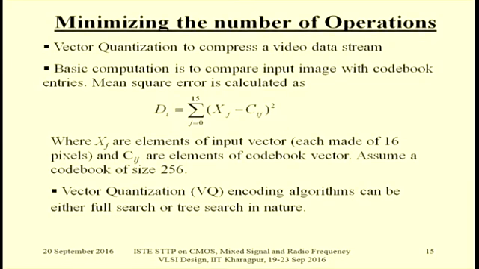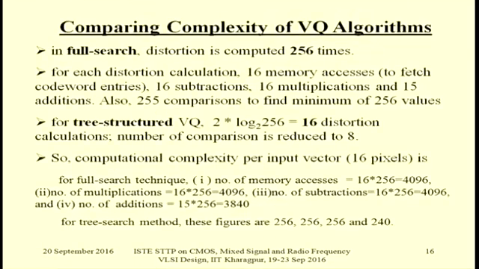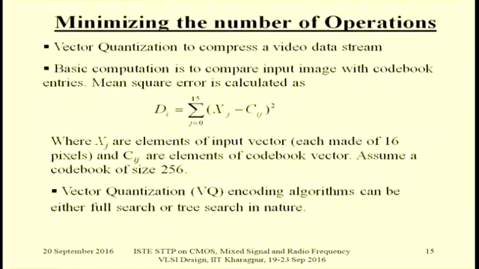Now, the vector quantization can be either full search or tree search in nature. Let us see one by one. In full search, which is a brute force method, we have to compare the input vector with each of the 256 entries. So how many calculations are there? Obviously 256 different distortions, and within each distortion we have to bring in 16 memory accesses, because the code book entries are staying in the memory.